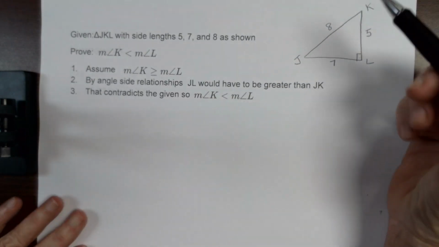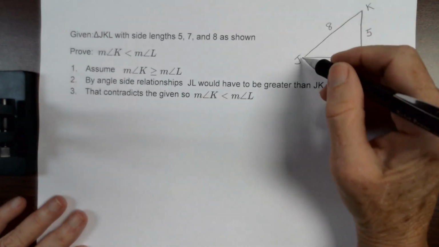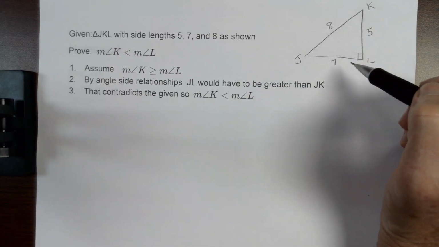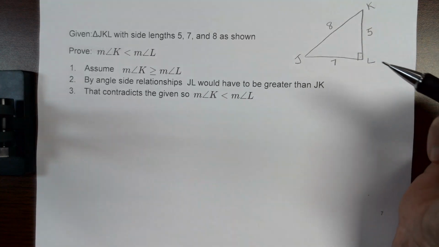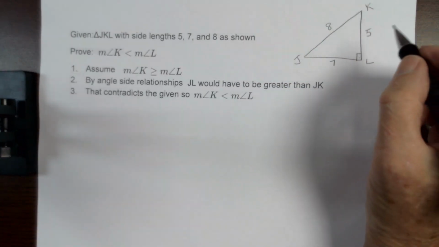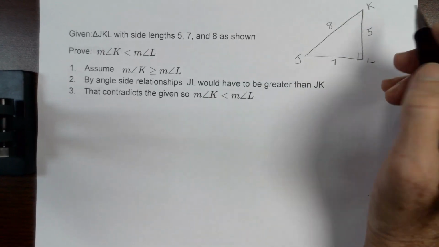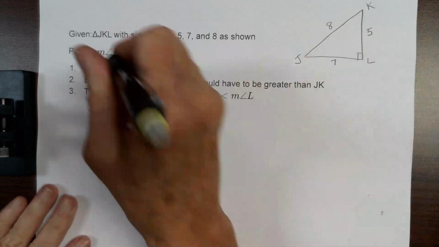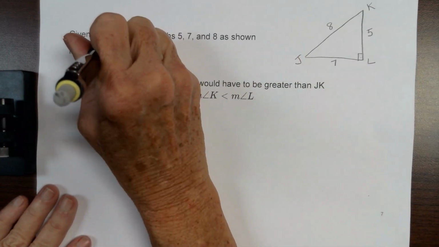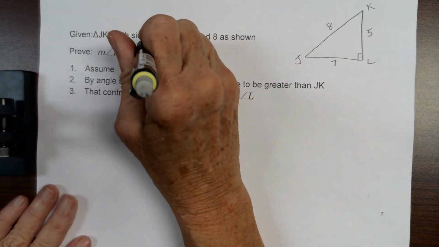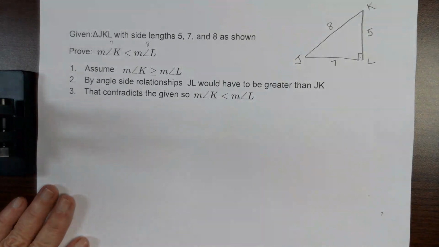Here's another geometric proof. Triangle JKL, and I have the side lengths of 5, 7, and 8. I'm supposed to prove that angle K is less than angle L. Angle K is opposite 7, and angle L is opposite 8.